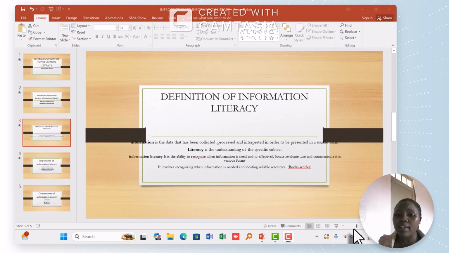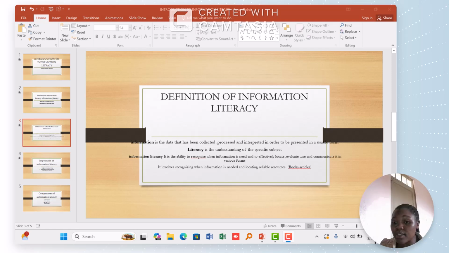As we will see in my next video, we are going to see the sources of information. These sources can tell us where someone can locate this information, but this one is only an introduction. What does it mean and what does it carry? We will see that it involves recognizing when information is needed and locating reliable sources, because we cannot just pick information from anywhere, or from every source, but we have to use reliable sources.